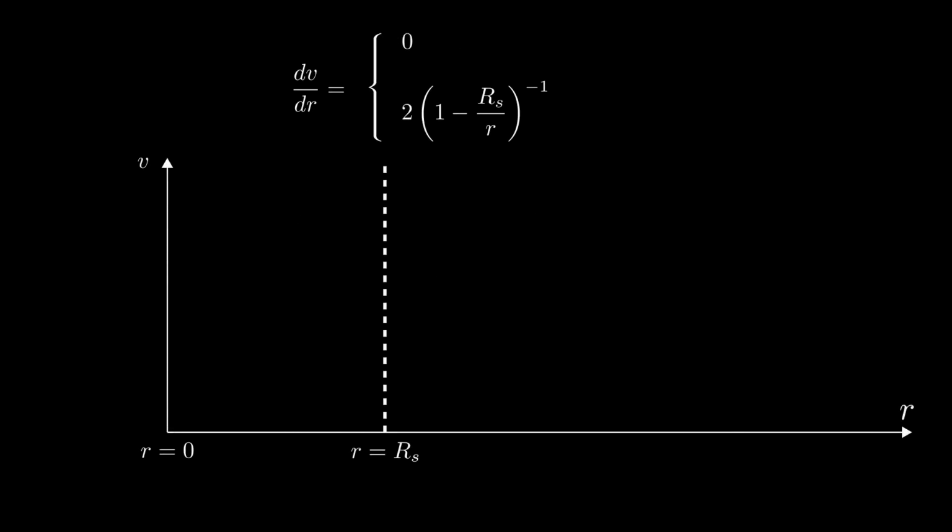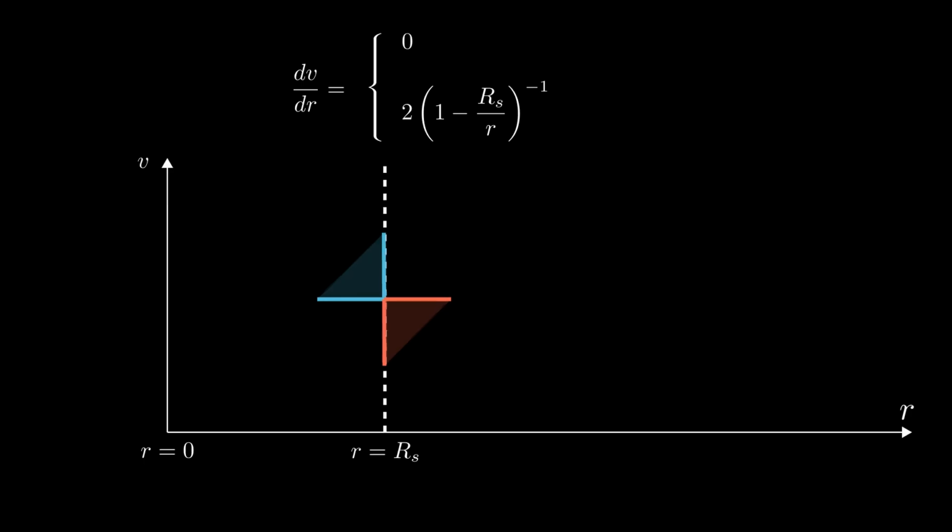We can plot a v-r diagram and see the shape of the light cone. Very far away, that is at r equals infinity, you can see that the second light cone solution is dv over dr equals 2, not 1, like some might expect. At the event horizon, r is equal to rs, which gives an infinite slope.